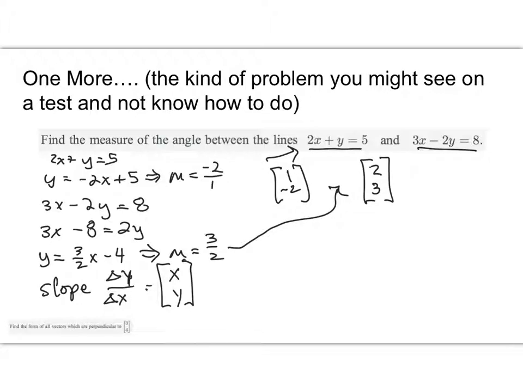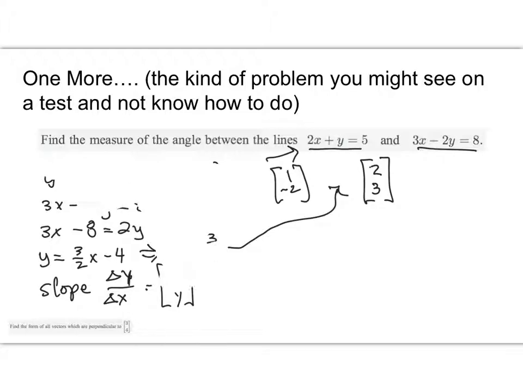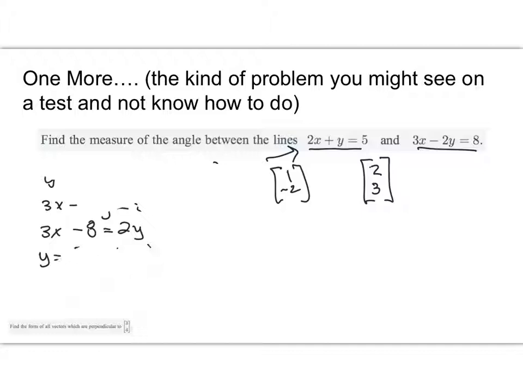And now that I have that out of the way, I'm going to erase some of this stuff because I'm probably going to want to go back and draw you a picture of this. But those are my two vectors that I need to find the angle between.